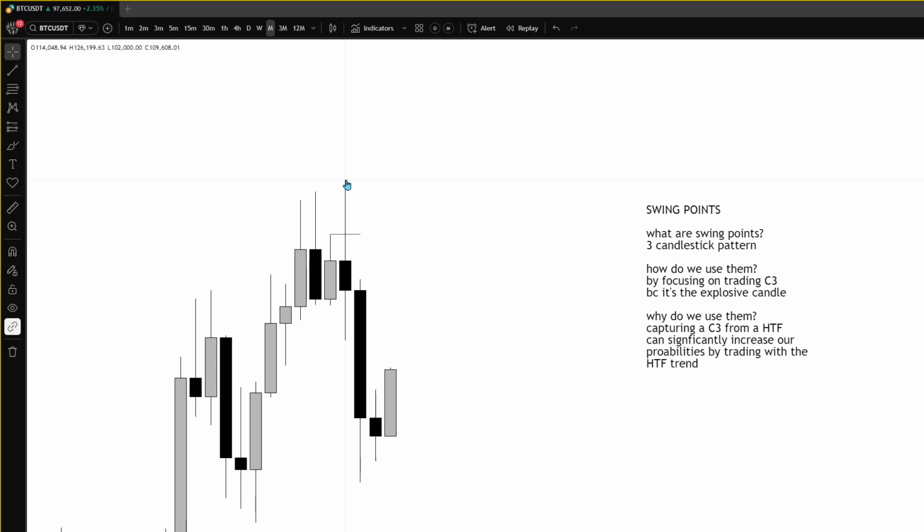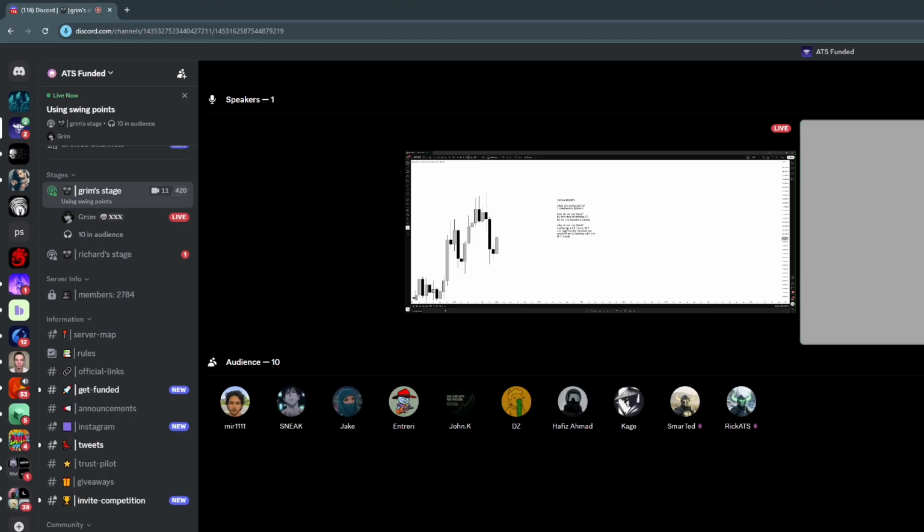And if we can get one of those from a higher time frame, then our bias for trading is going to be a lot easier to manage because it's happening on a high time frame scale. So we have a lot of time to be in that trend. So the 3 candles are significant and they tie into the power of 3, or accumulation, manipulation, distribution. Are you familiar with PO3?